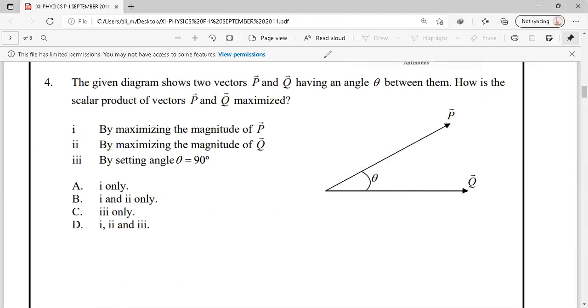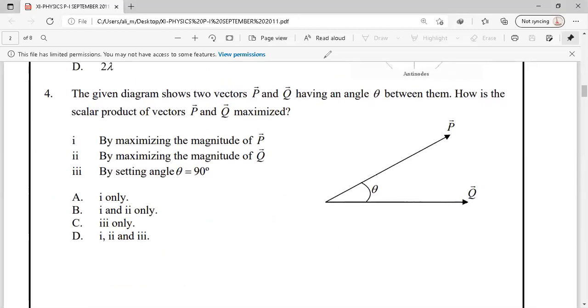Let's move to our question number 4. The diagram shows two vectors P and Q having angle theta between them. How can the scalar product of vectors P and Q be maximized? The scalar product of P and Q, P dot Q, is equal to the magnitude of P, magnitude of Q, and cos of theta.